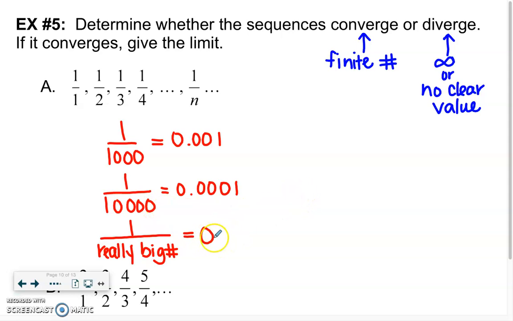And so because the pattern is going to eventually equal 0, we would say that this converges to 0. We say the word converges because it's a finite number. It's not going up to infinity or something like that.